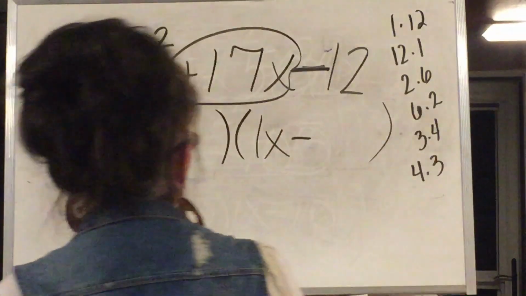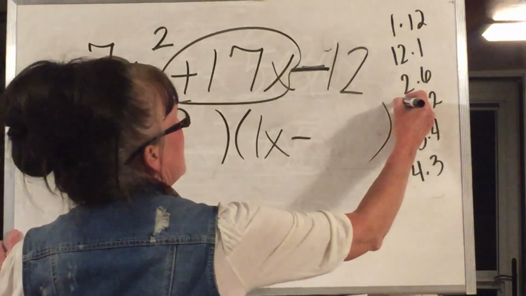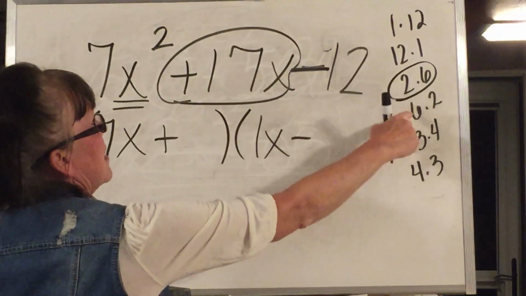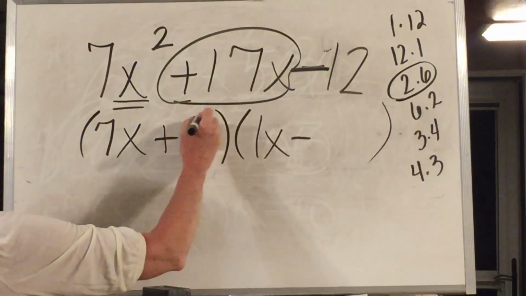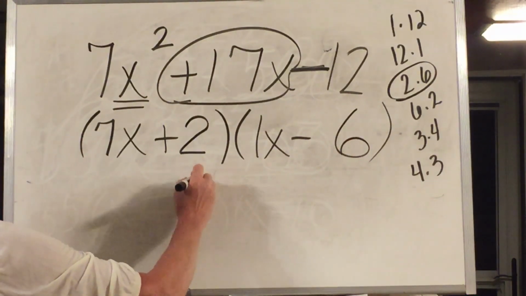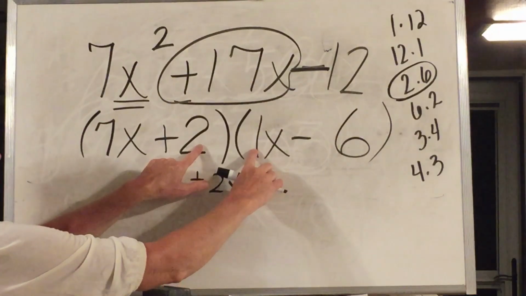So I'm going to pick, oh, it's a hard choice. I think I'm going to pick this 2 times 6 first. If that doesn't work, then I'll use 6 times 2. So 2 times 6. Inside is positive 2x. You're multiplying those 2.